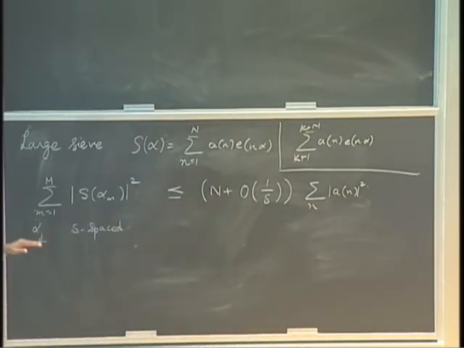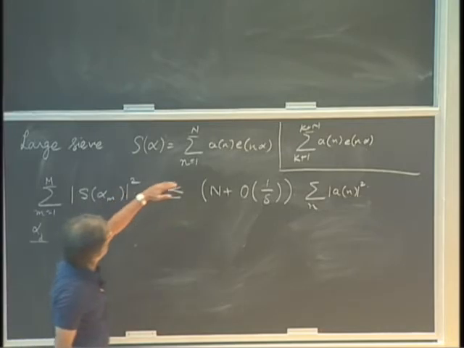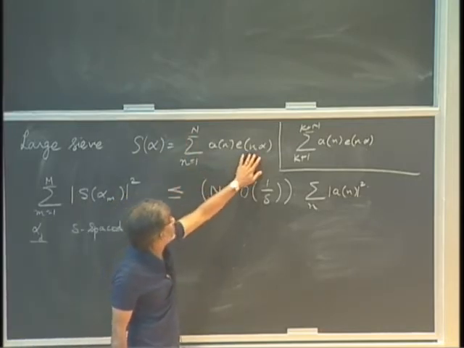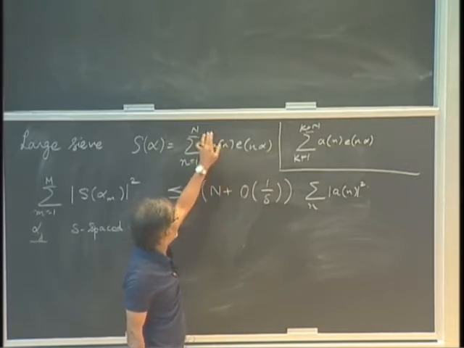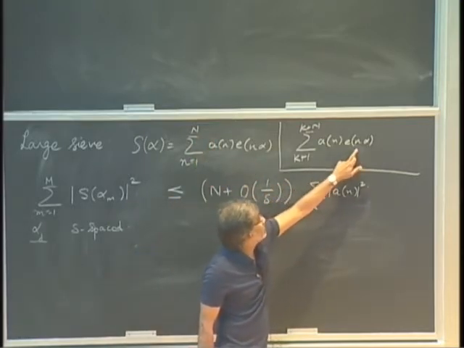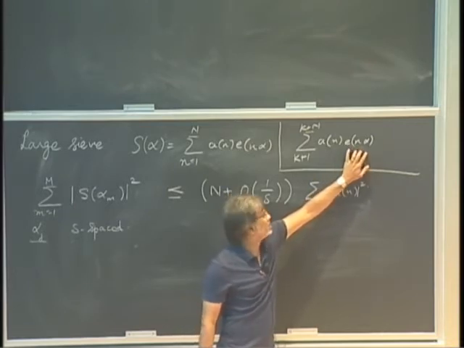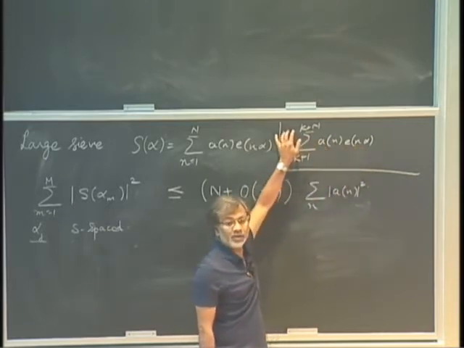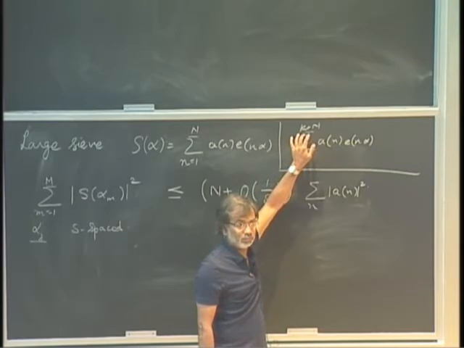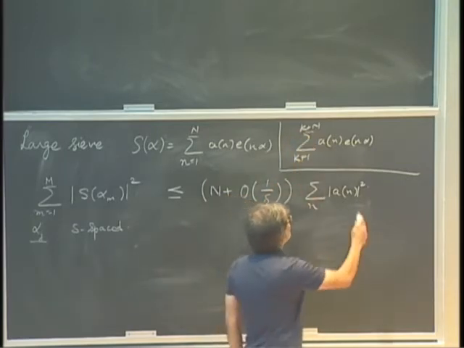In other words, I don't have to imagine that these first N parameters are starting in the initial interval. The reason is that I could just replace n by k plus n, and then just this constant phase comes out. And this makes no difference.